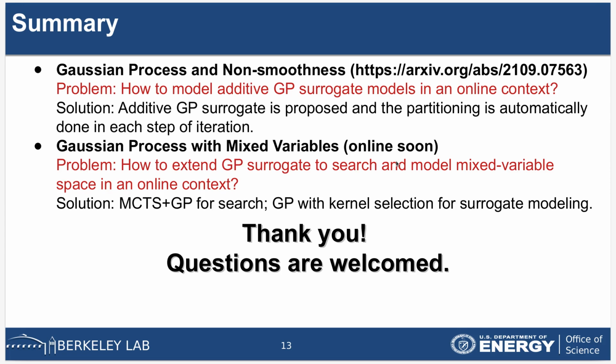We also introduced the Gaussian process with kernel selection in order to address the non-stationarity as well as multiple kinds of kernels available in the online context. The advantage is that we got a very storage efficient model, and also the best performance compared to some of the state-of-the-art methods.